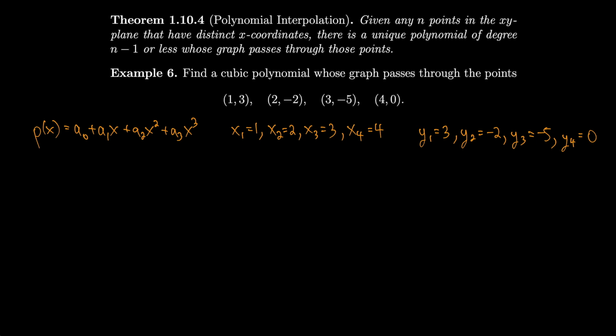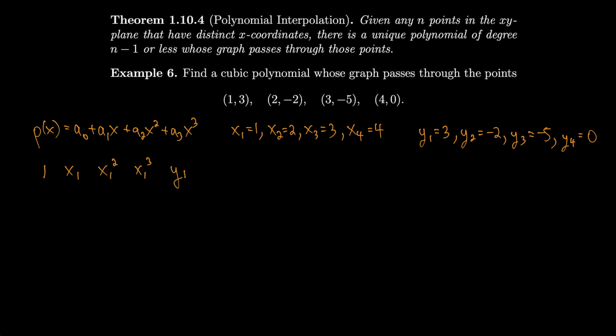So let's make a little matrix out of this. This tells me I've got 1, x1, x1 squared, x1 cubed, and y1.